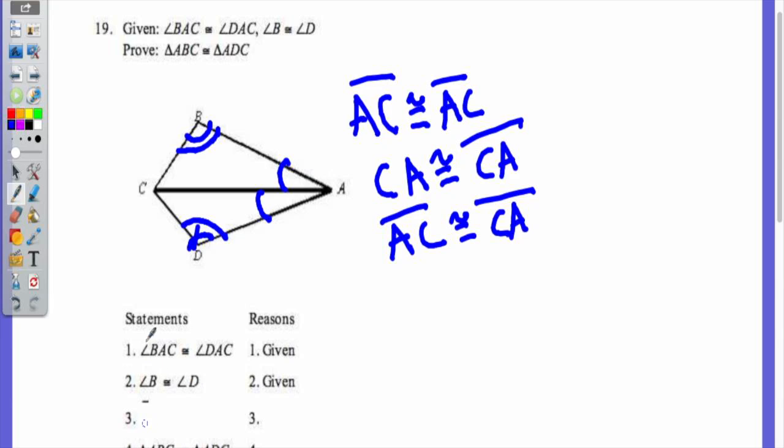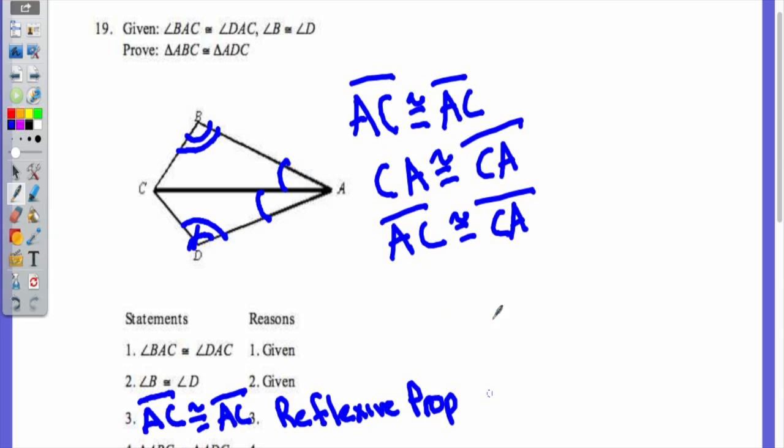The final step has A before C on the part of the equation to the left, and AC on the part of the equation to the right. So AC congruent to AC is what? Reflexive property of congruence. So, look what happens when you actually take that leap of faith and say, I'm going to figure out how to do this. You get there, right? Okay.